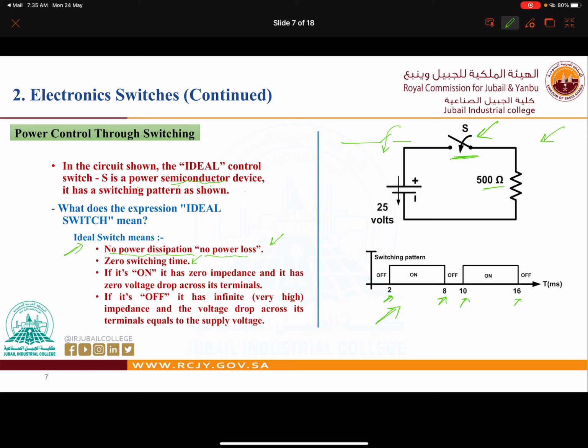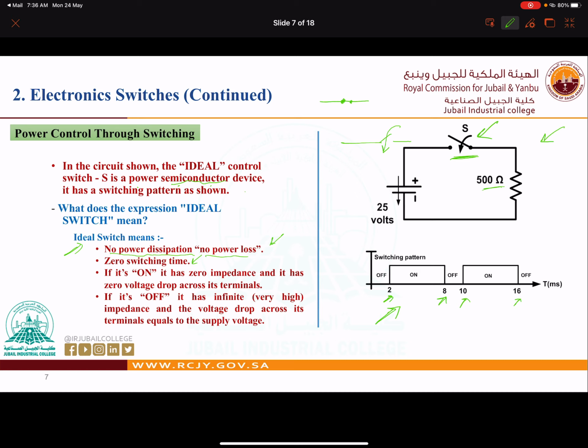Also, if it is on, it has zero impedance and zero voltage drop. If it is on, it is a short circuit, so it is like a wire, right? We suppose that we don't have here resistance or impedance in general, and we don't have voltage drop.